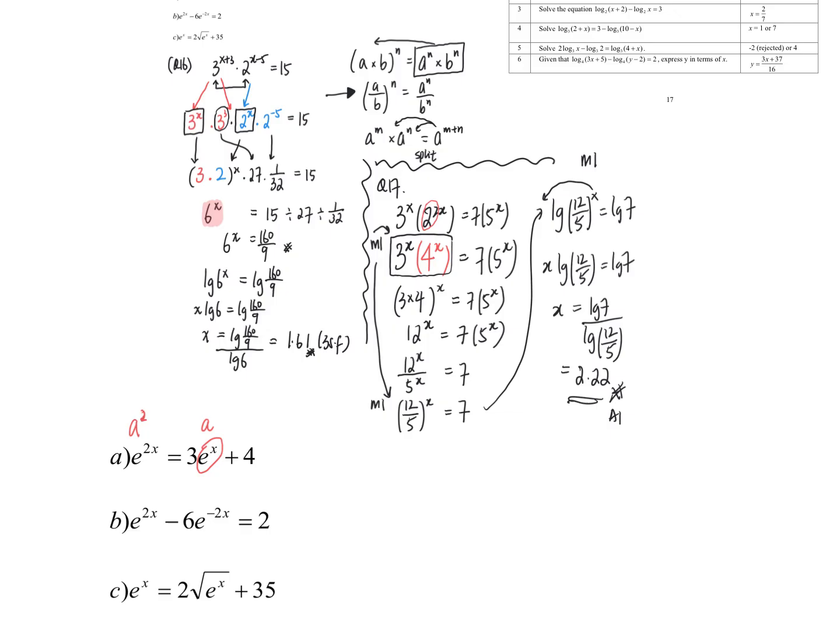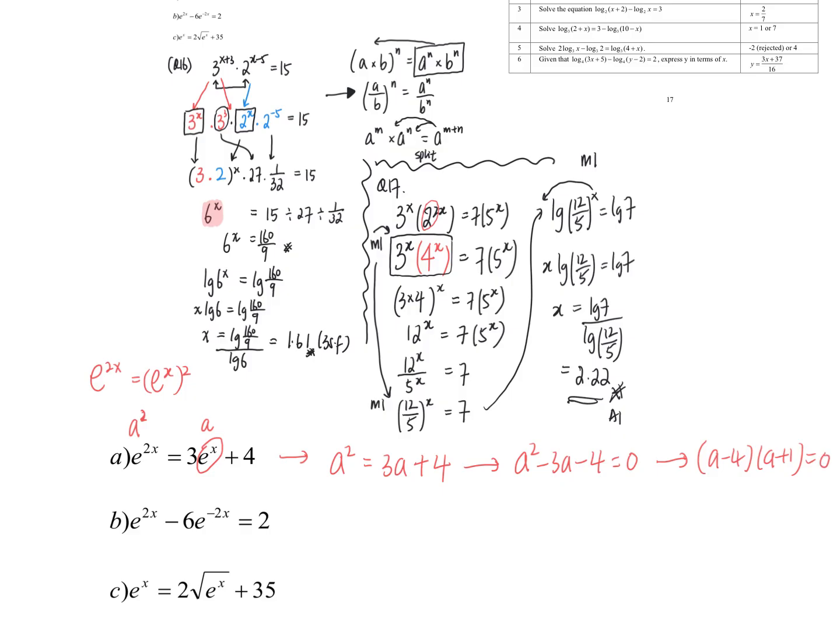Can you see that? Because e^2x is the same as e^x squared. So actually this expression I can convert to A squared plus 3A plus 4. If you form the quadratic, this is the quadratic you will get, and these are the 2 solutions you will have.